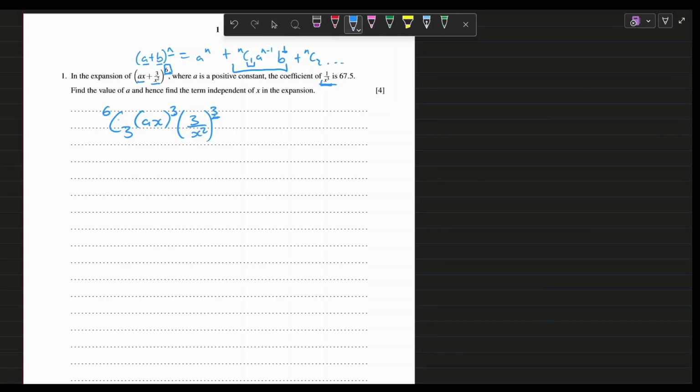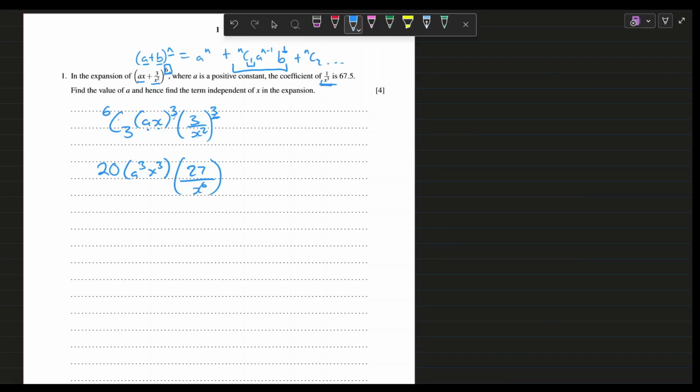Let's simplify our coefficient. What is 6 choose 3? 6 choose 3 is 20. So we've got 20 times a³x³, multiplied by 3³, which is 27, over (x²)³, that gives us x⁶.